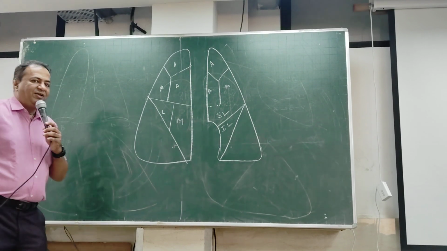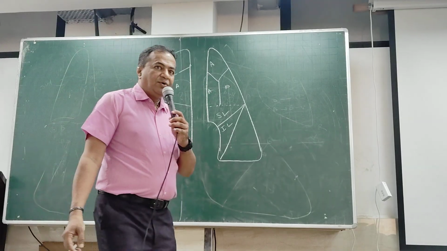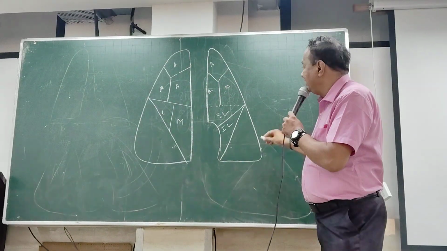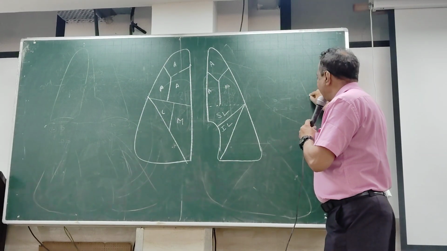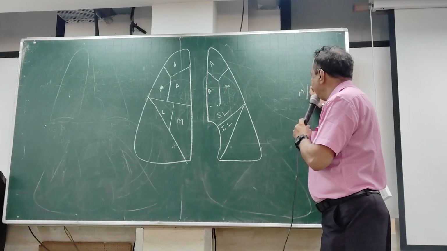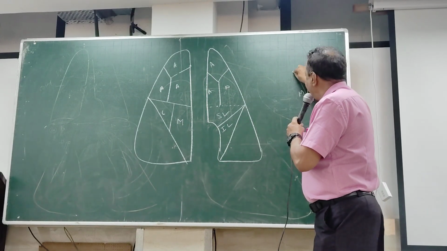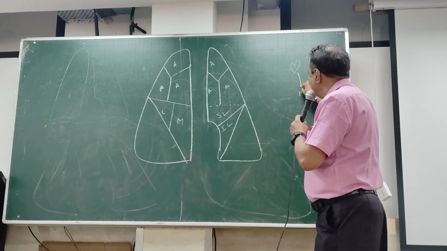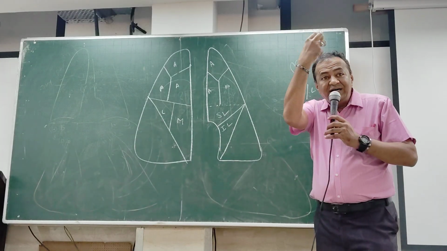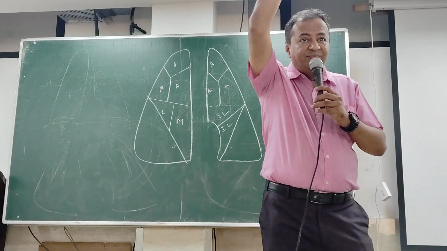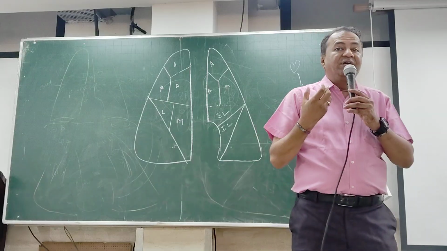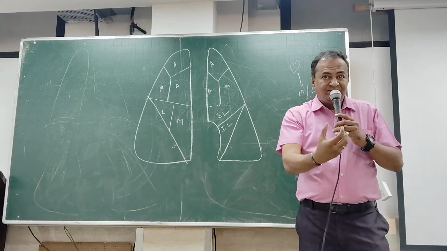On the left side also, initially there was medial and lateral. But the heart descends. The heart is formed in a much more cranial portion than its final location.